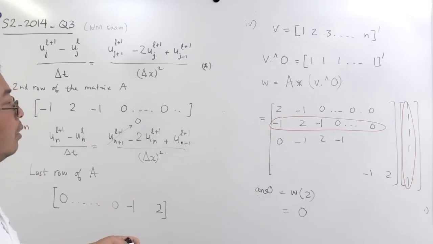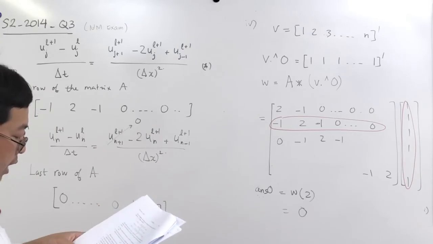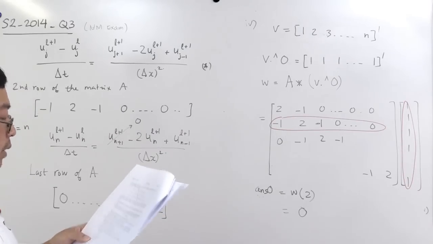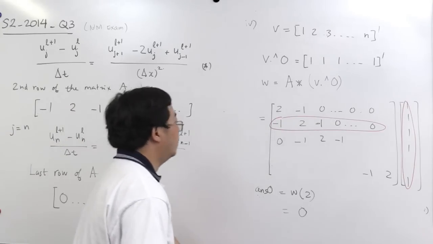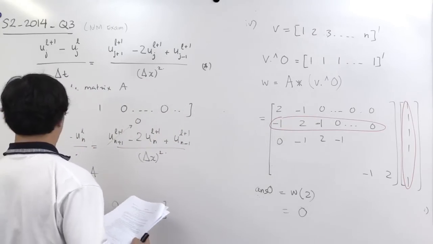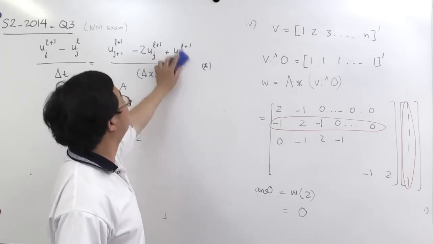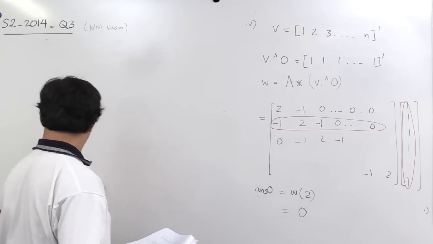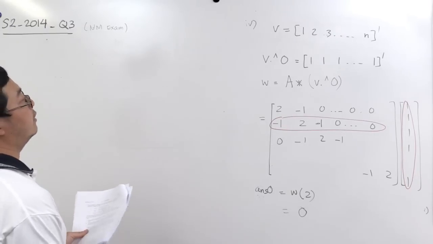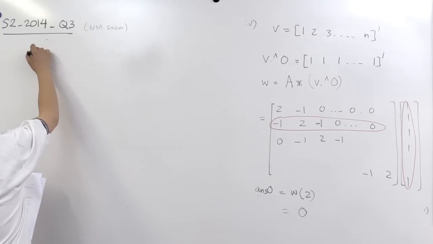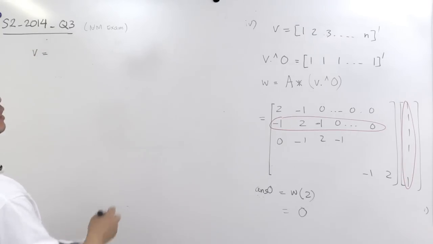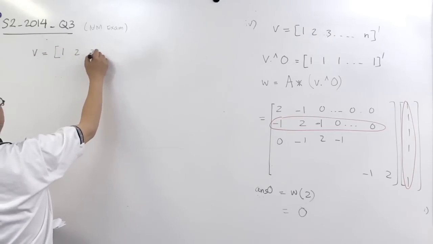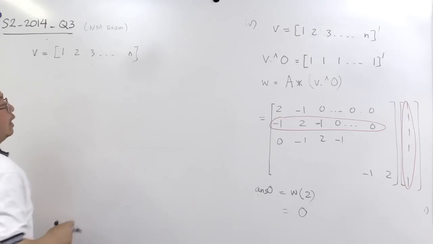And so now the next question is, what is A multiplied with V to the power 1? We take the vector V and raise it to the power 1, which is exactly the same: 1, 2, 3, up to the last value.